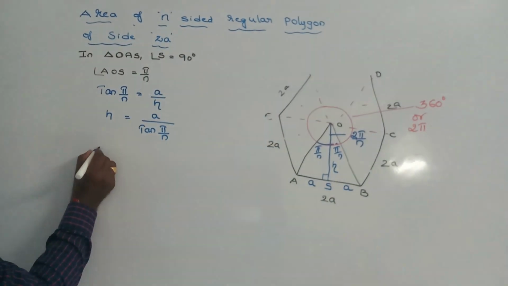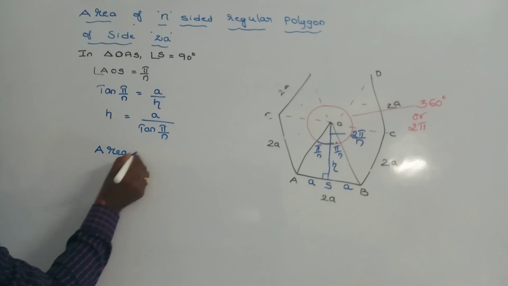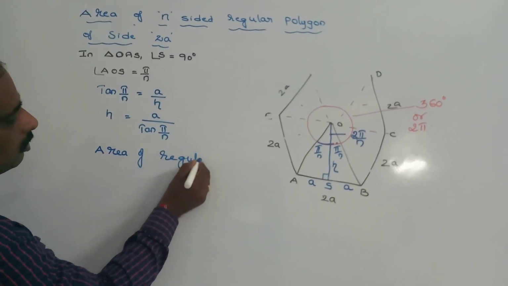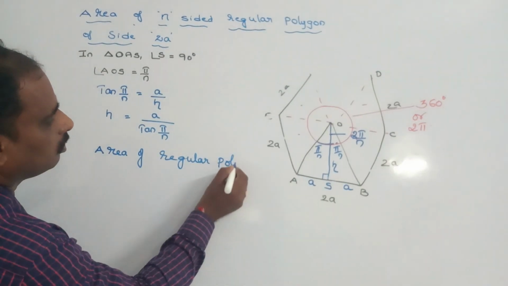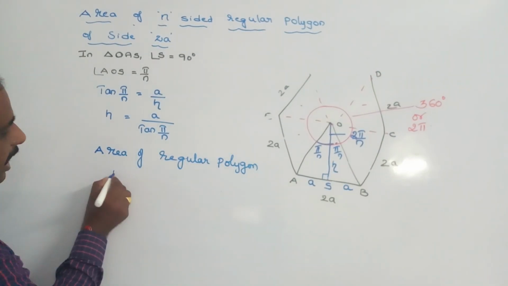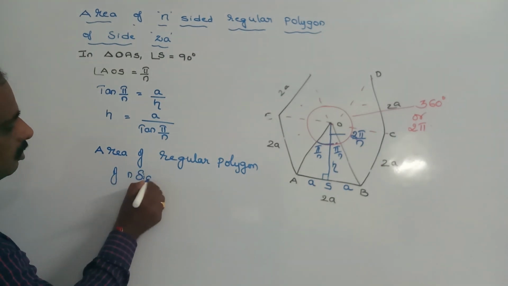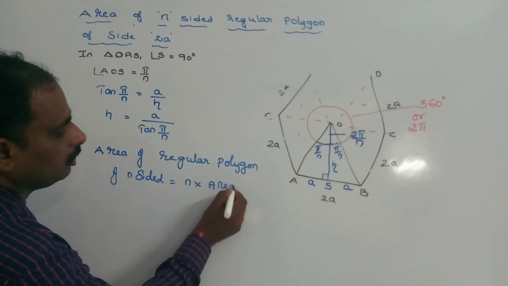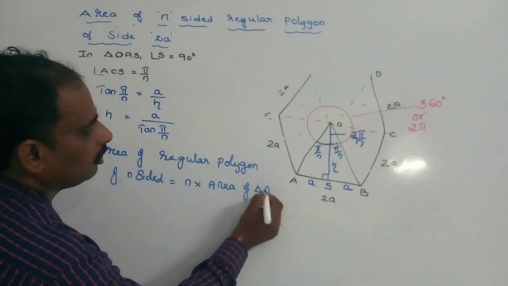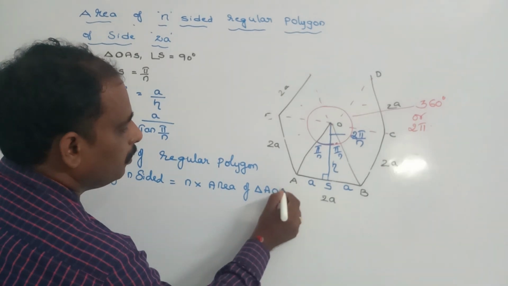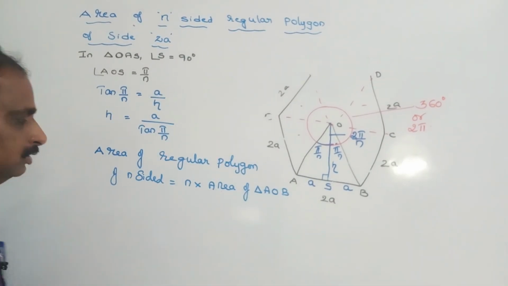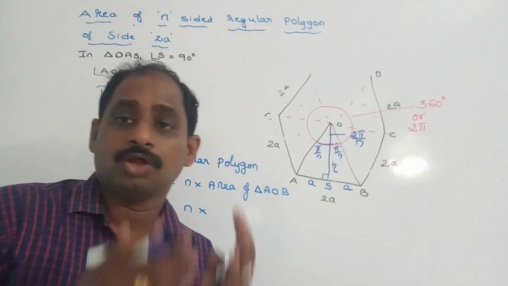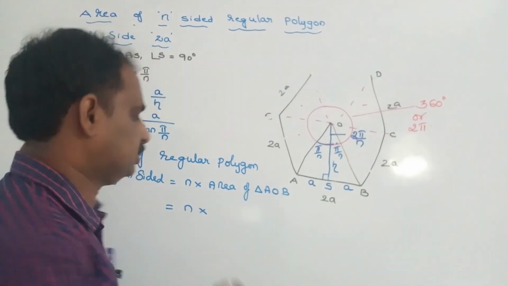So clearly the area of the regular polygon of n sides is equal to n times the area of triangle AOB. That is n into half into base into height.